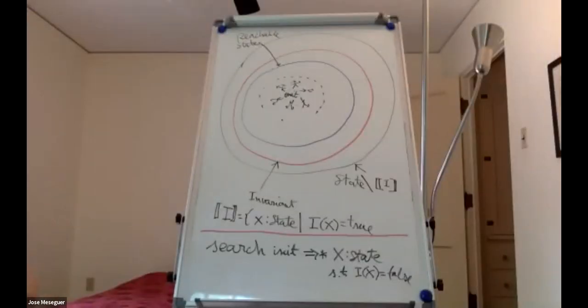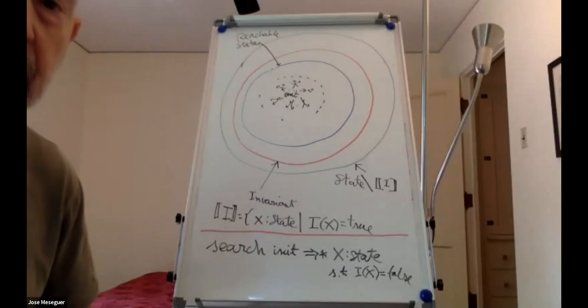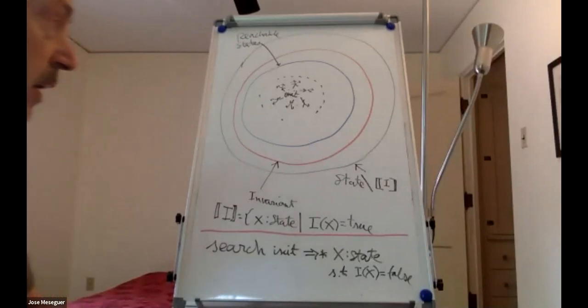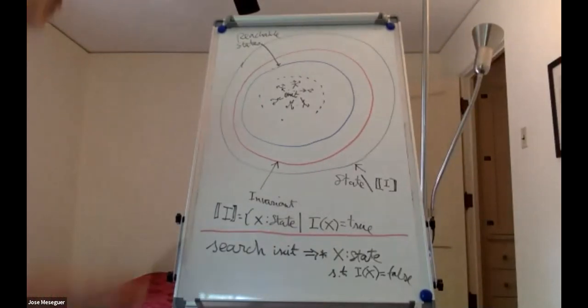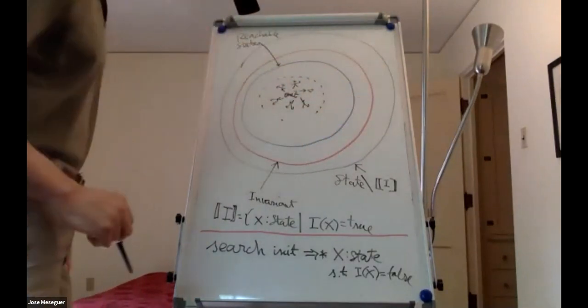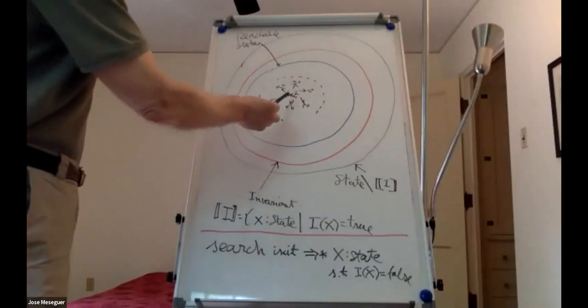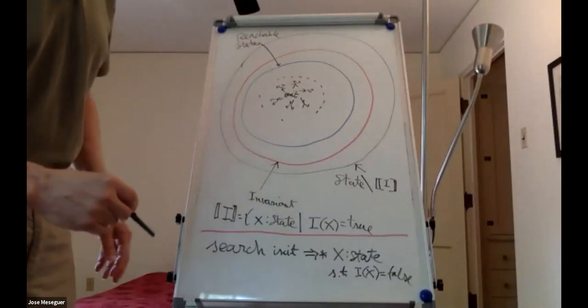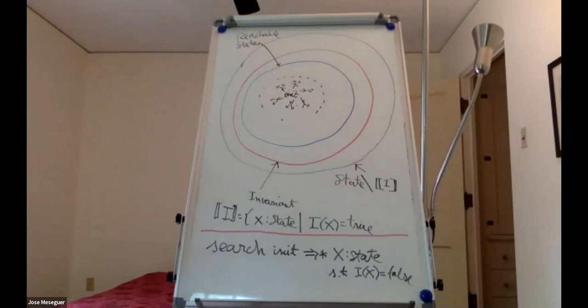Okay, so let me tell you how we can verify invariance in mod once you have specified the system as a system model, as a rewrite theory. So this is the set of all the states of your system, and we begin in some initial state. In blue, you have the set of reachable states, the states that are reachable from this initial state.